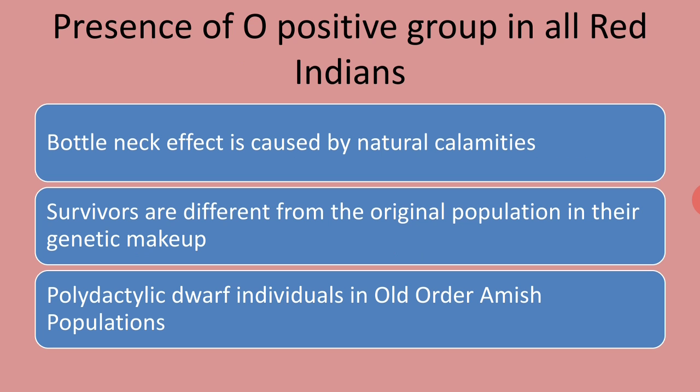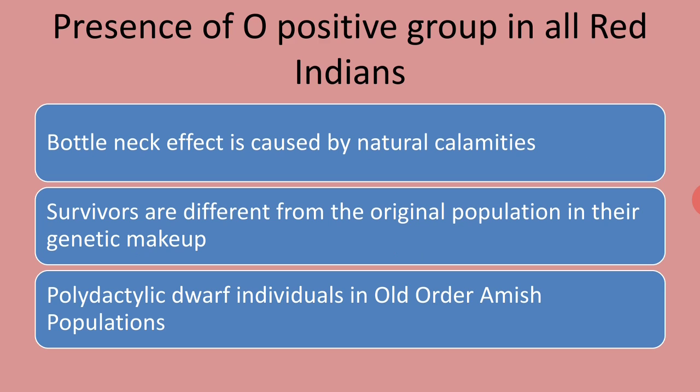The presence of the O positive group in all red Indians is the best example of this founder principle. Founder principle is an important concept that supports the theory of genetic drift. And the bottleneck effect is another evidence for genetic drift.